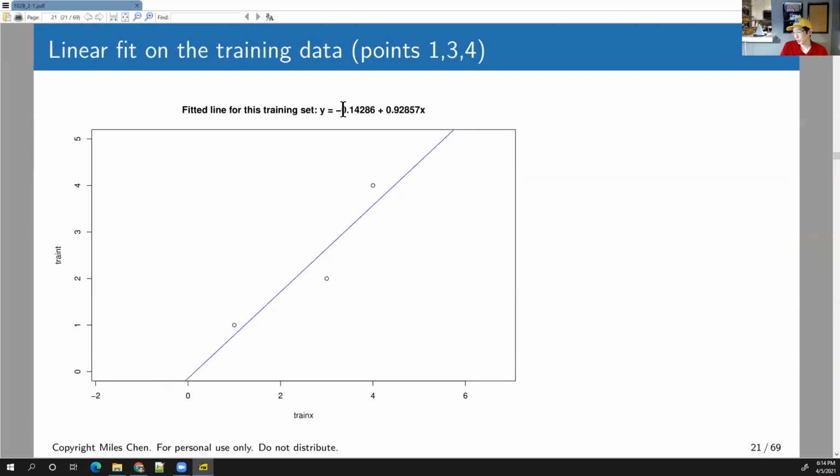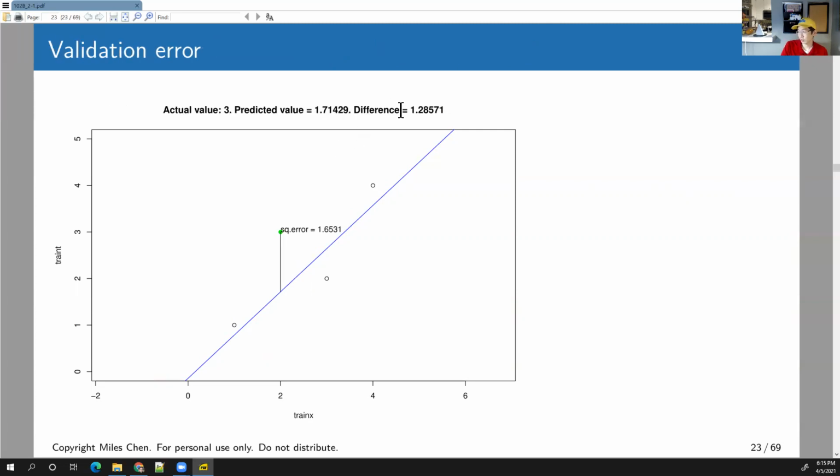This is the intercept, and this is the slope. If you plug in the number 2, we're predicting 1.71. The actual value is 3. So we have a difference of 1.28571. If you square that, you get 1.6531, and we're going to tack that on.